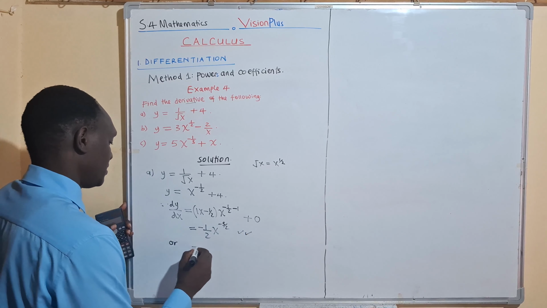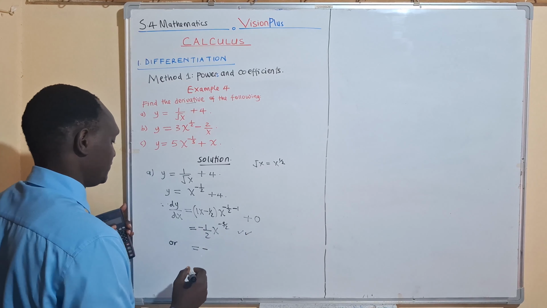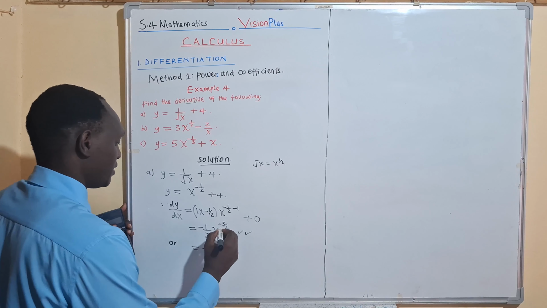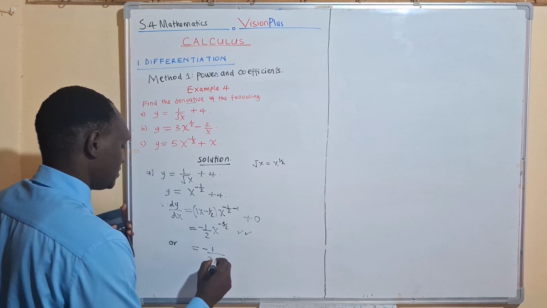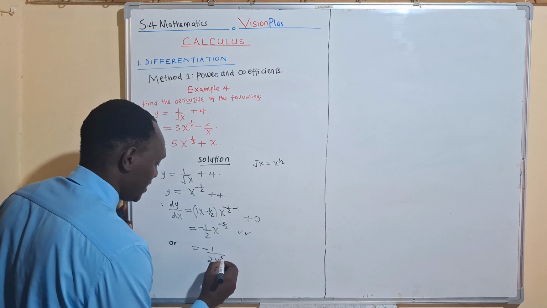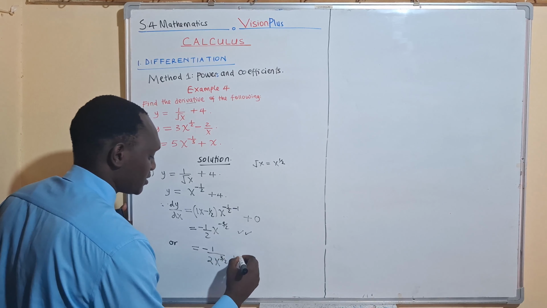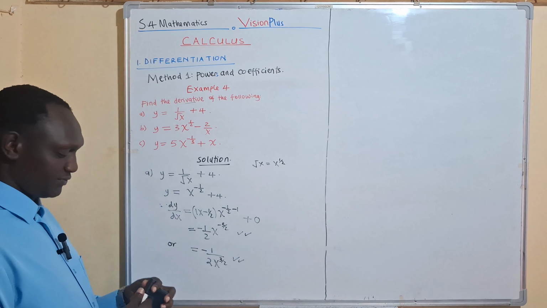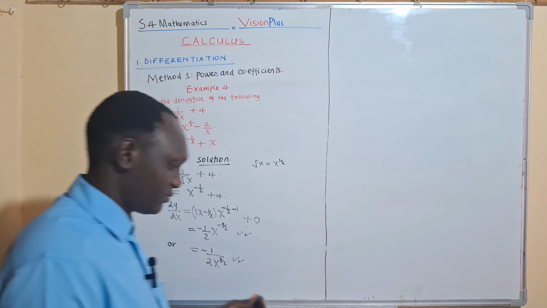Alternatively, somebody could have negative 1 over 2, then x. Since we have put x on the denominator, we change the sign of the power, 3 out of 2. This is also correct. There are other alternative forms of this answer which we shall not look at.